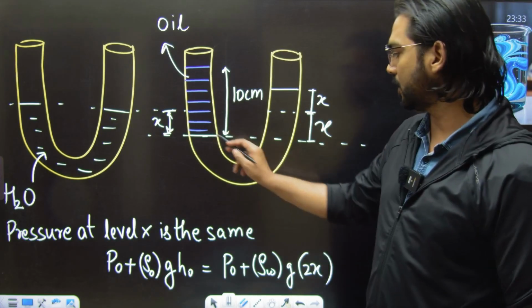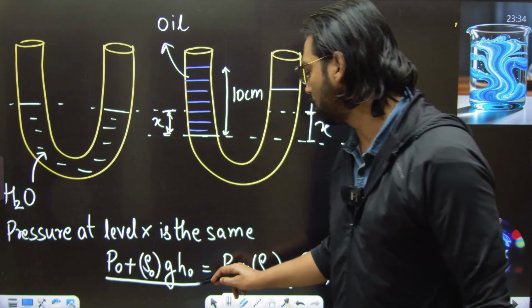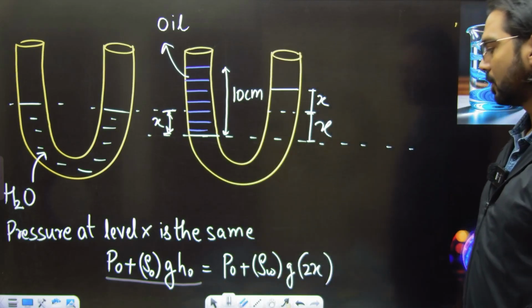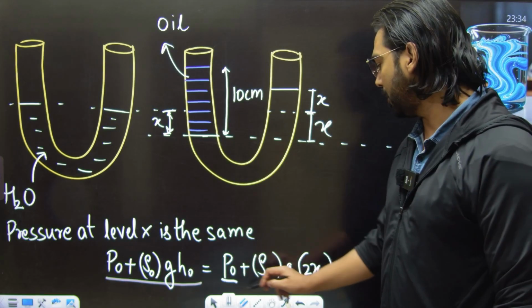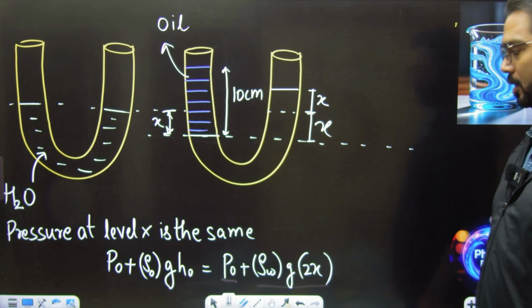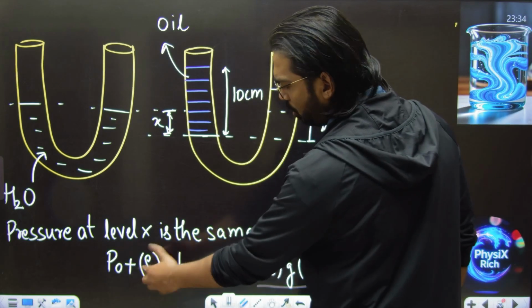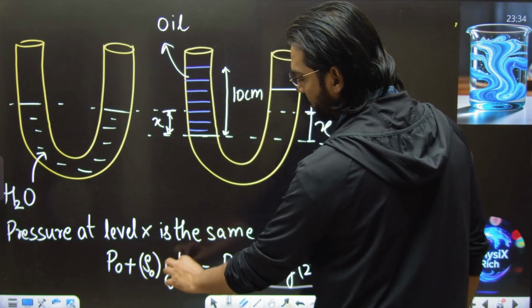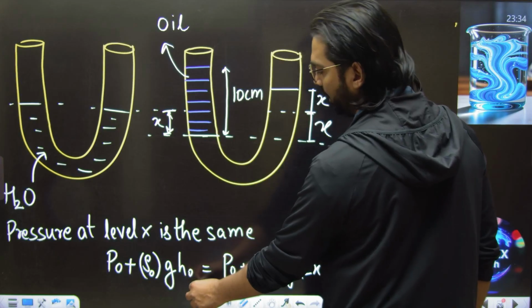What is the pressure at this point? It is P naught plus rho naught g h naught, and that should be equal to P naught plus rho W g 2x. Actually, this is rho O, we can call it rho oil, g h O, where O stands for oil.